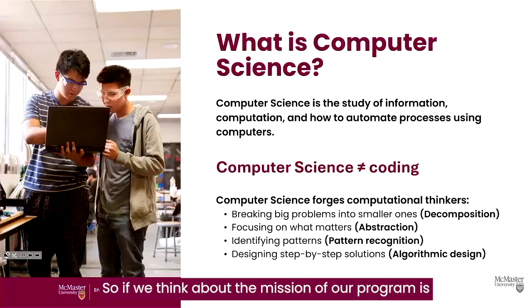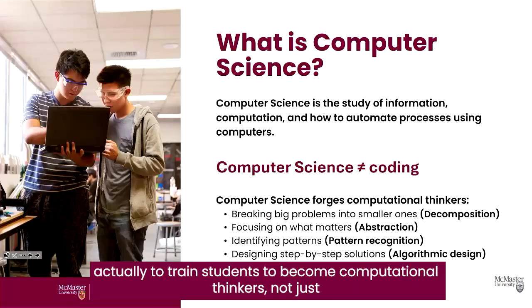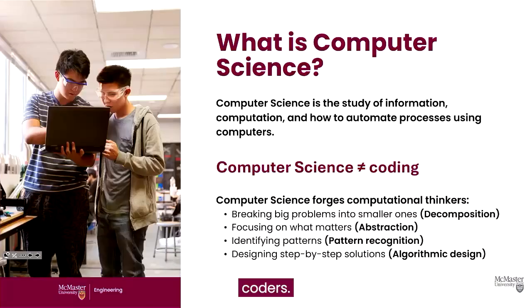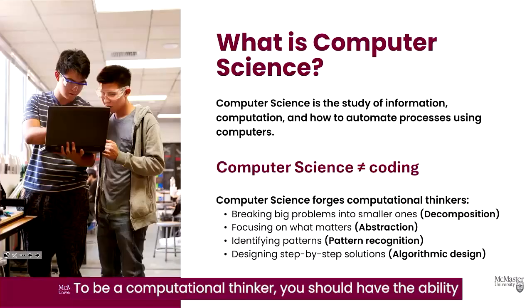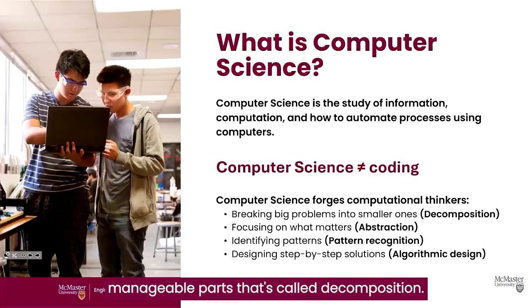The mission of our program is actually to train students to become computational thinkers, not just coders. To be a computational thinker, you should have the ability to break down messy, big, real-world problems into smaller, manageable parts, which is called decomposition.